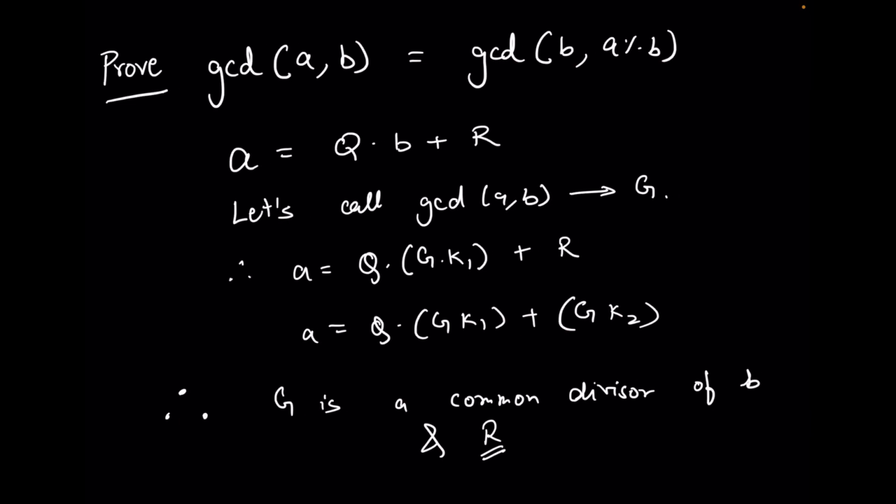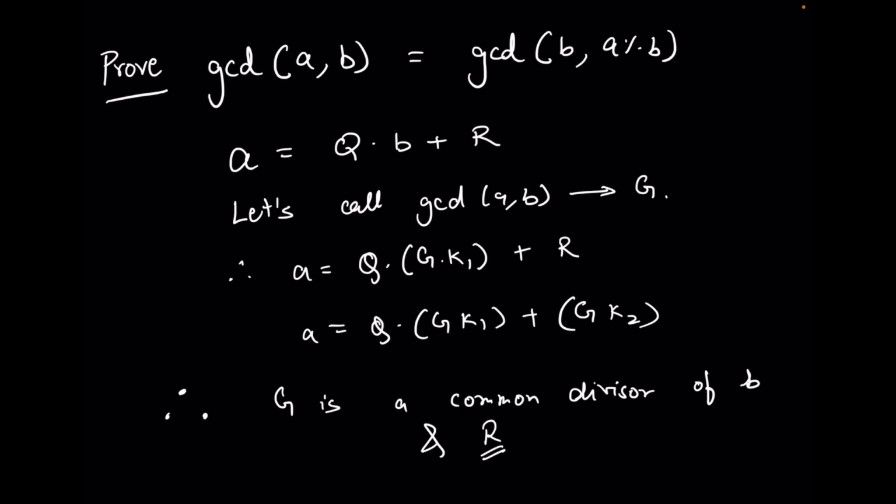So A can be written as Q into G into K1 plus G into K2. And now if you look at what we've written B and R as, B has been written as G into K1 and R has been written as G into K2. So clearly G is a common divisor of both B and R.